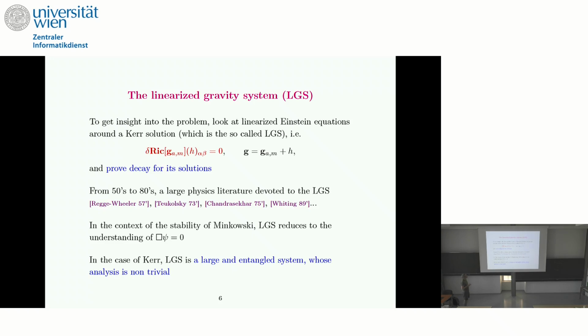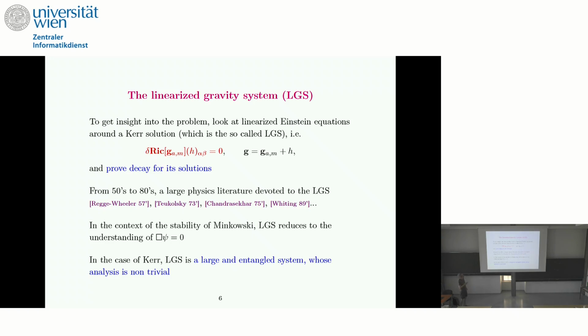In other words, I write my metric, which is a perturbation of Kerr, as Kerr plus a small perturbation. At this stage in linear theory, I forget that the mass and the angular momentum change. I just write it like this. And then I linearize the Einstein equations. Here I'm going to only write it in this schematic form. I don't want to discuss any gauge choices at linear level. So let me just write it like this.